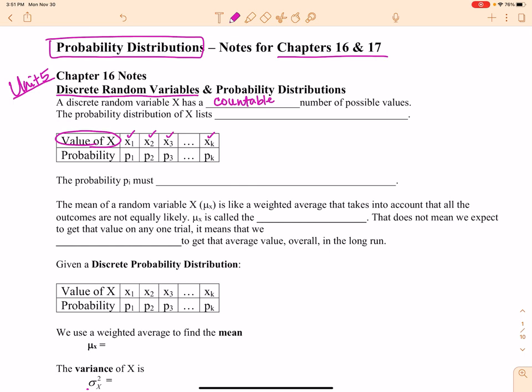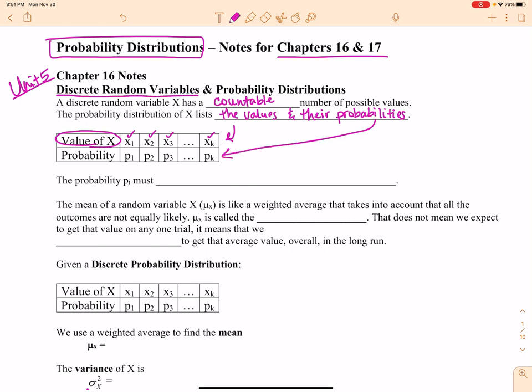So the probability distribution of x is going to list the values, which are going to be right up here, and their probabilities, which are going to be in this row right here.